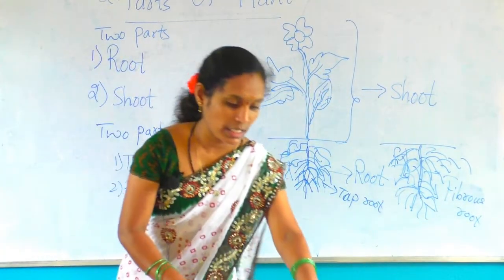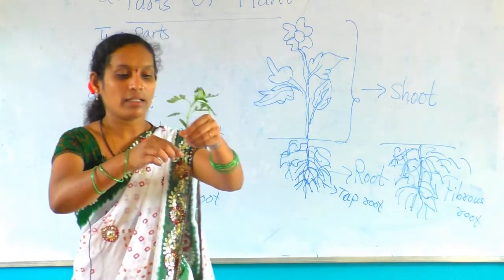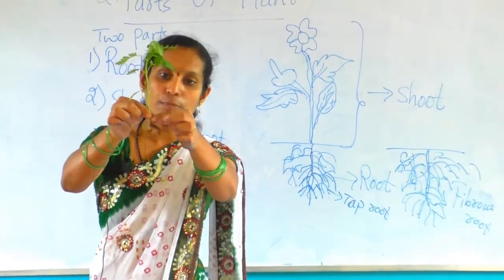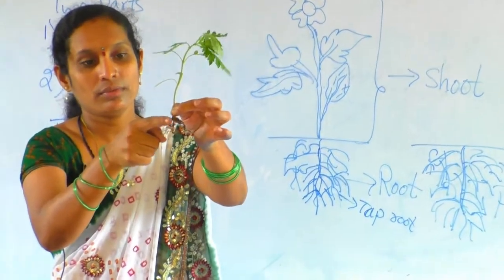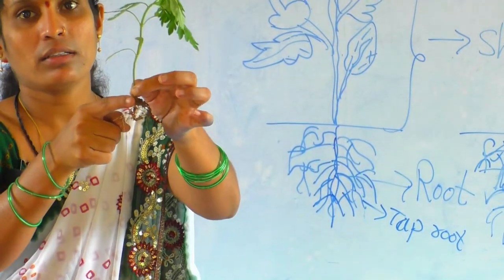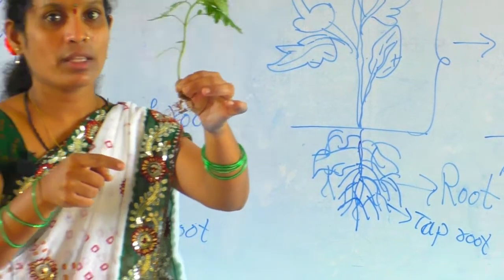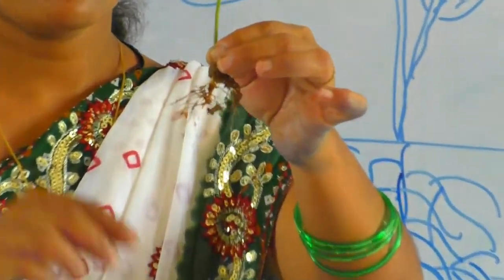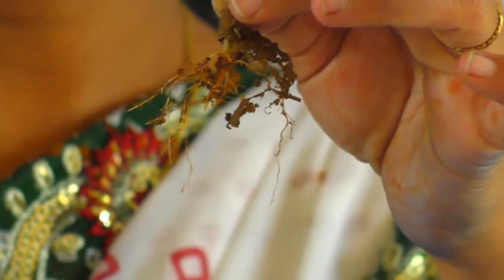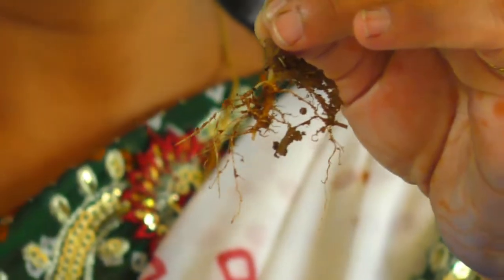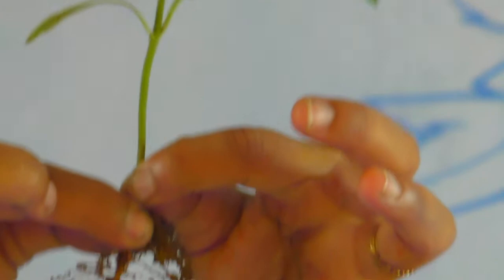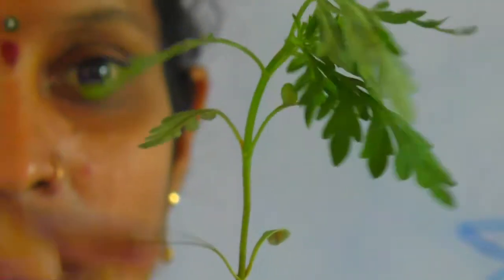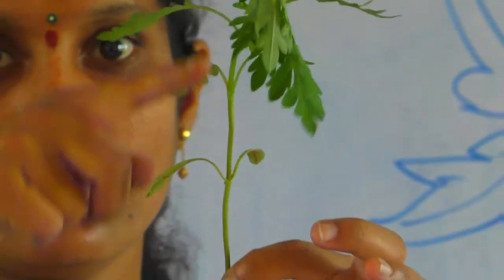Okay, just you see here the root part. It is a root part here, see. This is a root part. This is a shoot part. Upper side is the shoot part. This is root part. This is shoot part.